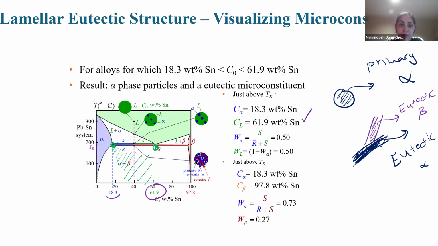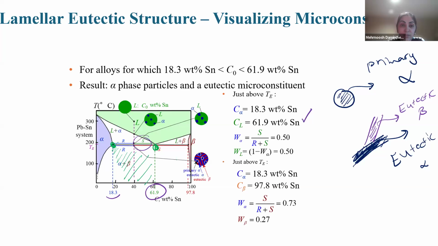So how much alpha do we have, and how much L, because we are a little above the eutectic temperature? For alpha, the side far from it, S over R plus S, is 58%, and for liquid, it is 42%. So just above TE, C alpha is 18.3 weight percent Sn.